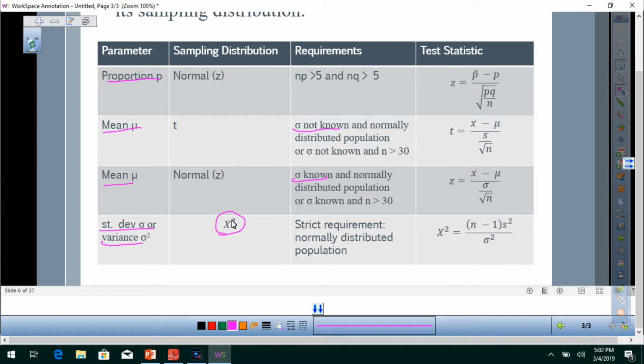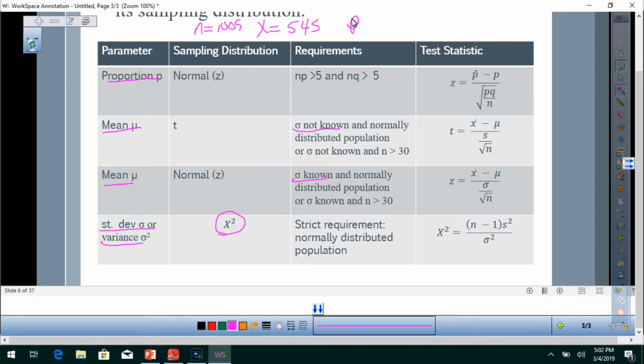Now what we had was a proportion, because remember, n was 1009, and x, how many said no, was 545.